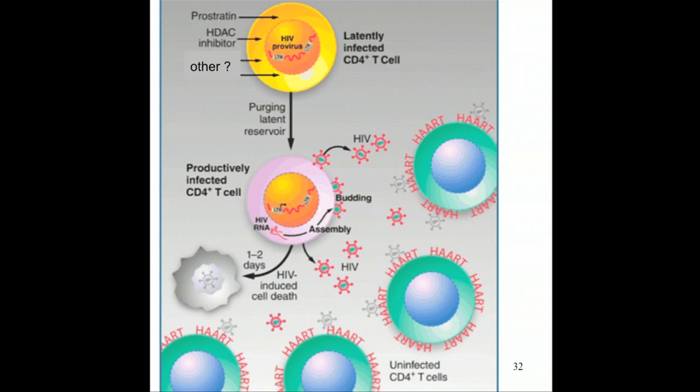So just to summarize, there are a few summary slides just so that I make this point, that you need some sort of NF-kappa B agonist as well as some sort of P-TEFb release factor. And the nice thing about PKC agonists is that they also increase the synthesis of HEXIM, so of P-TEFb. So cyclin T1 synthesis actually increases, and then we hope that the immune system as well as HAART will take care of the virus that is being released by this activation therapy.